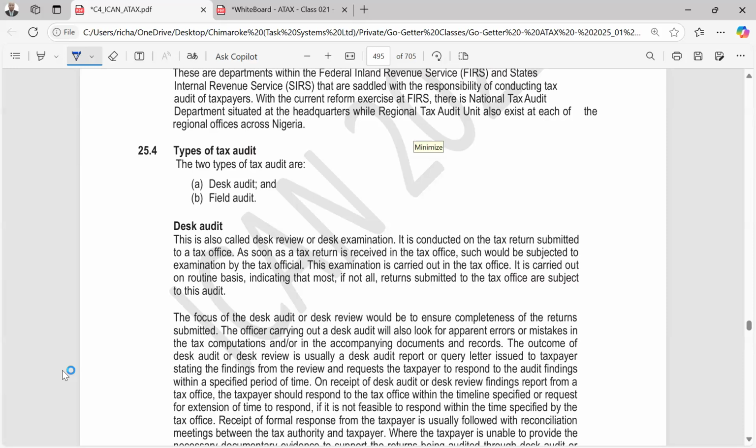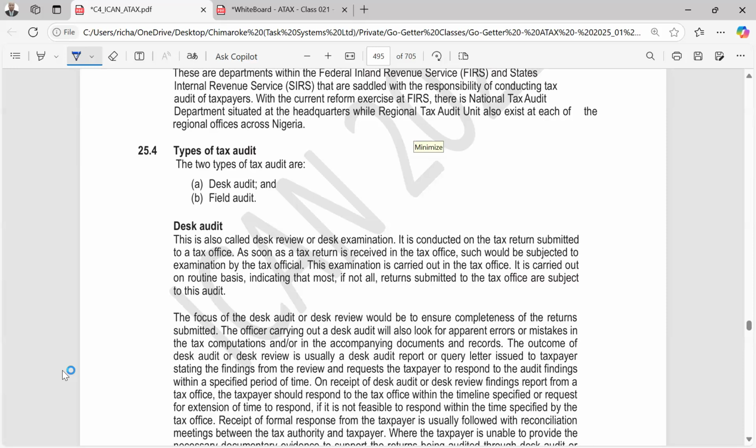They will take your file and check whether you completely filled it. After filling it, they will check whether there are errors in what you filled. And thirdly, whether accompanying documents and records can back what you filled.